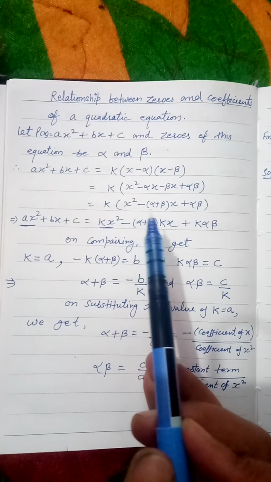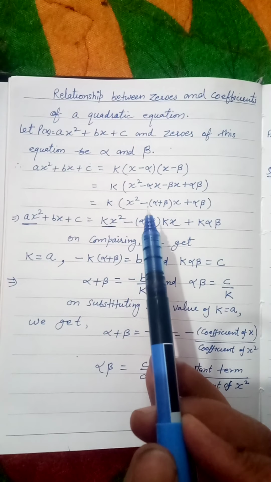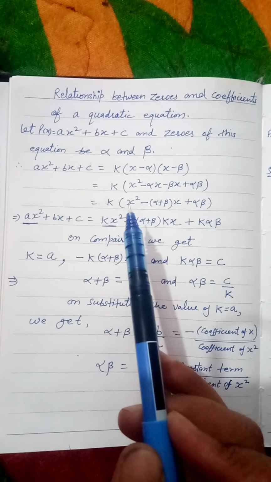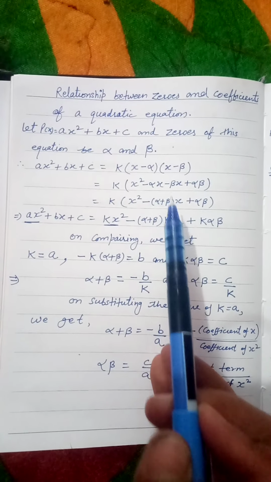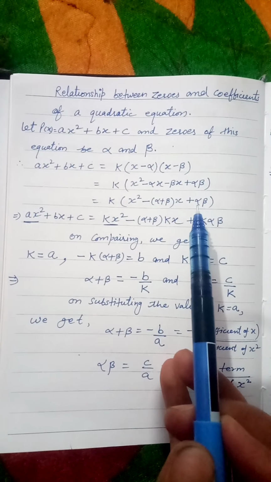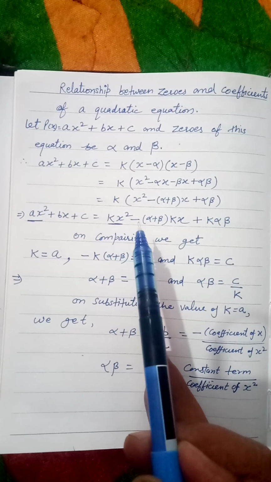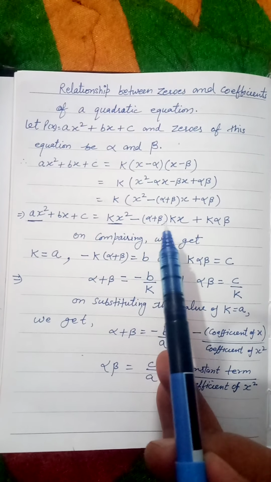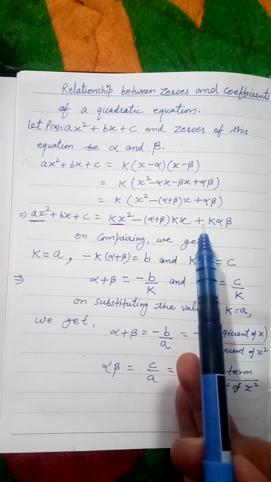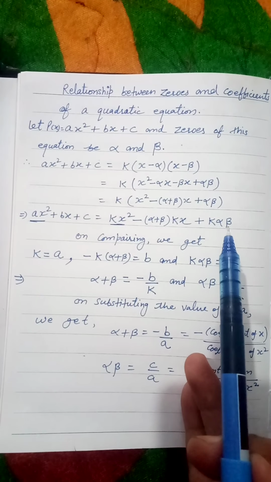If you simplify this by taking the negative sign common, I will get x square minus (alpha plus beta)x plus alpha beta. And if you multiply k throughout, you will get kx square minus k(alpha plus beta)x plus k alpha beta.